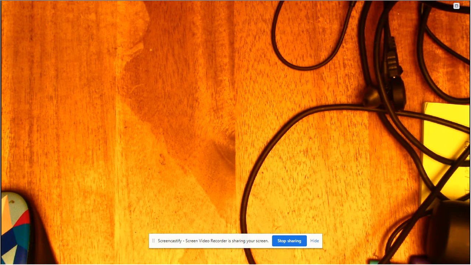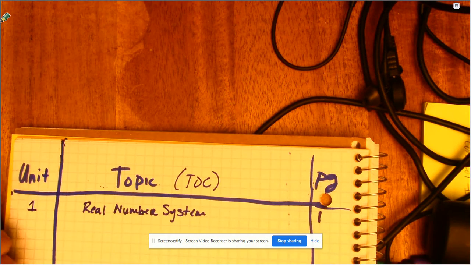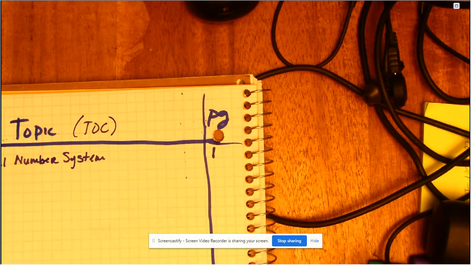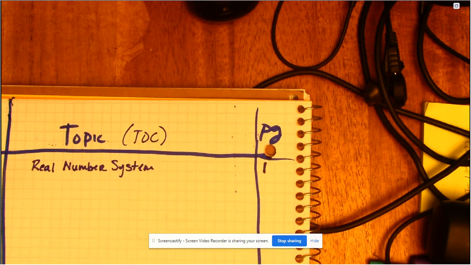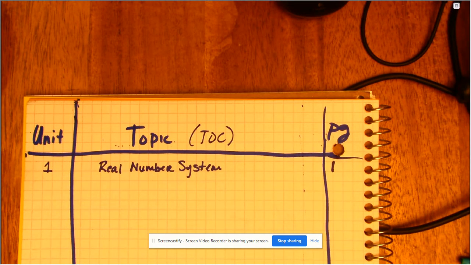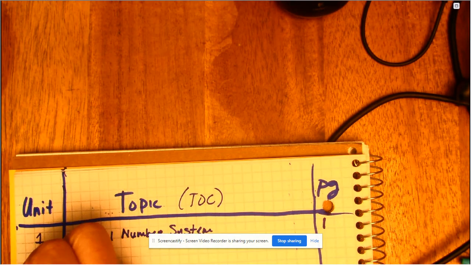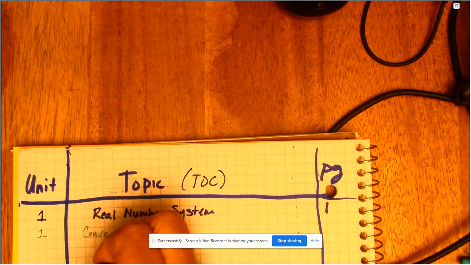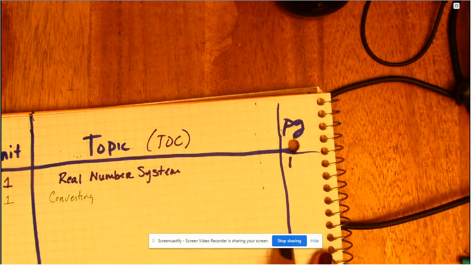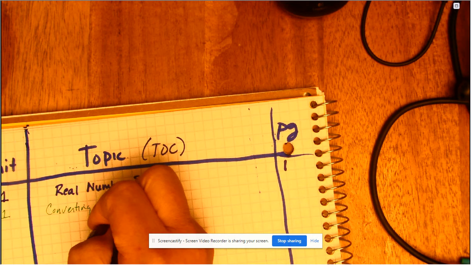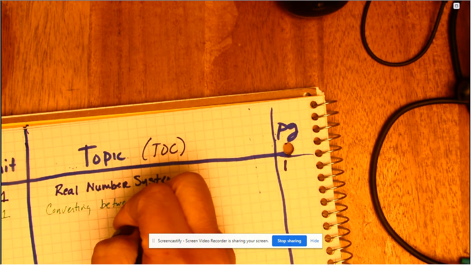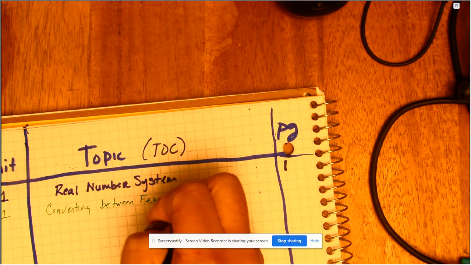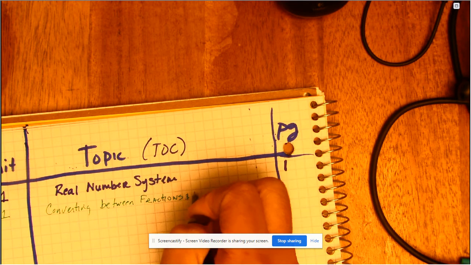So in our TOC, we're going to put Unit 1, and we're going to put converting between fractions and decimals.